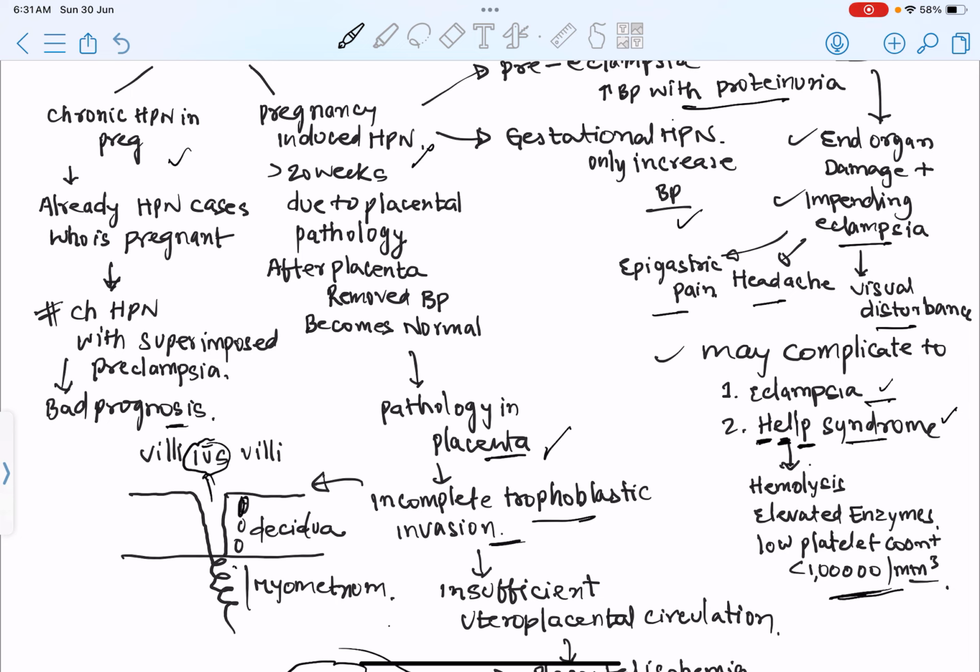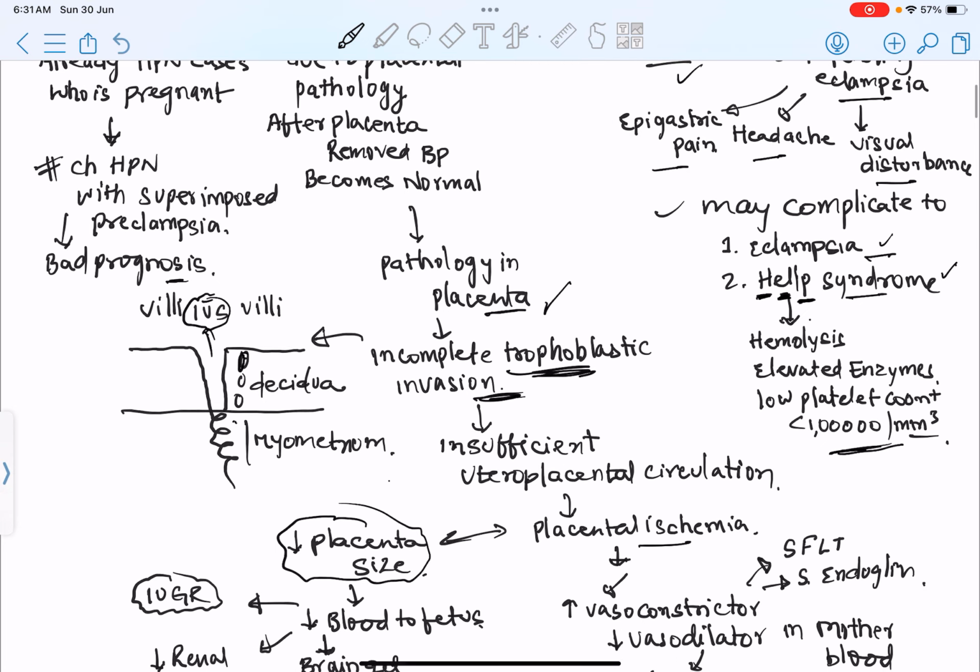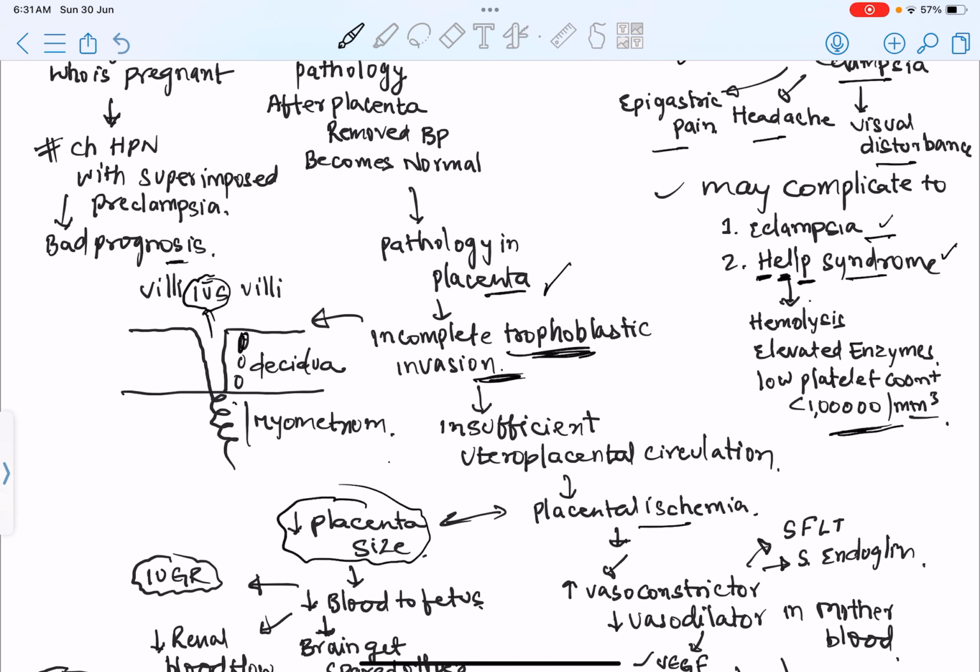Now coming to the pathology of pregnancy induced hypertension. So basically there is problem in the placenta in pregnancy induced hypertension, which is incomplete trophoblastic invasion of uterine arteries. So because of this, the high resistance uterine arteries do not get converted into low resistance uterine arteries.